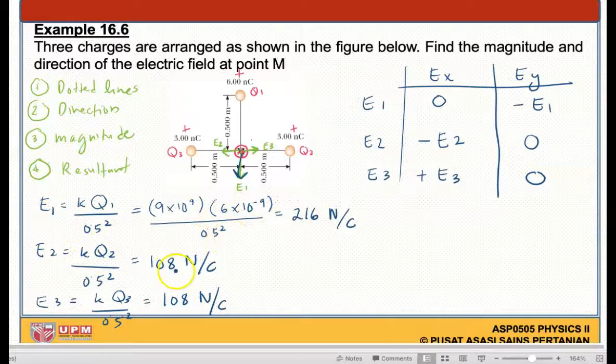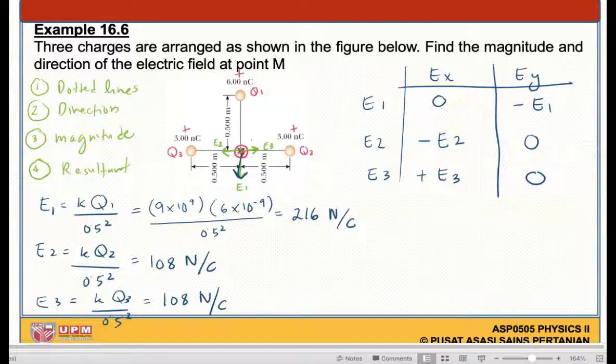And then for E2 it is 108, and for E3 it is 108. Now, these values are the same, but in the X component table, E2 is negative because it's going to the left, and E3 is going to the right, which means it's positive. They have the same magnitude, which means that they cancel out each other.